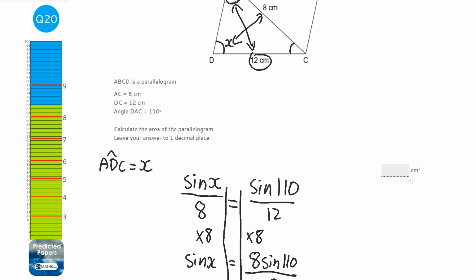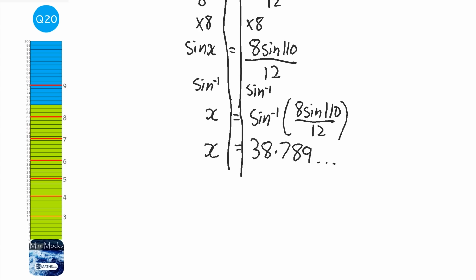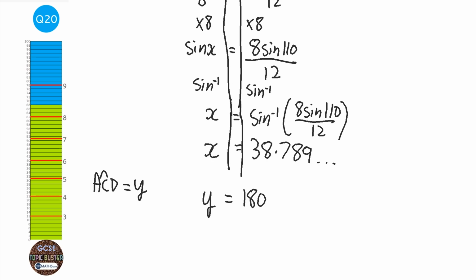Now I want to keep the accuracy if I can, so I'm going to keep that in my calculator, and then add that to the 110 to work out what this angle here is, and I'm going to call that y. So what is this? ACD. So I'm going to tell the examiner that ACD I'm going to call y, just to make it a bit easier. So y equals 180 take away 38.789 blah blah blah plus 110.